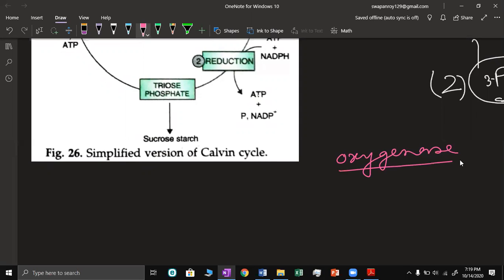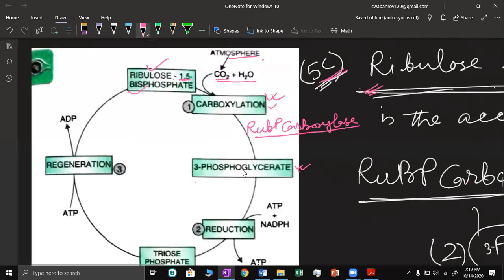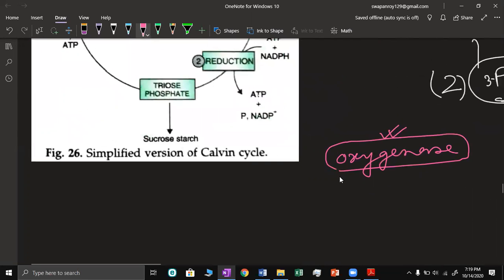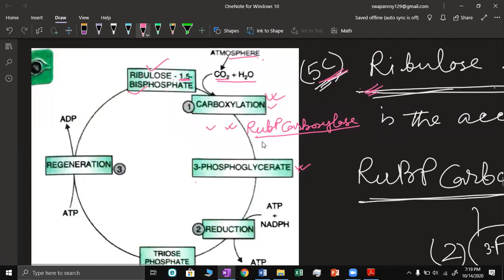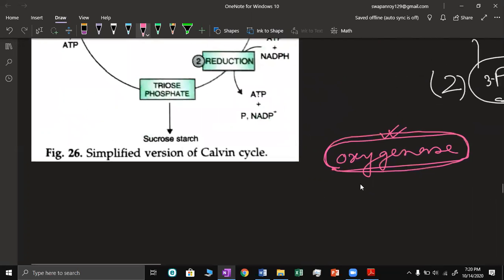That is, when enough oxygen is present in the plant atmosphere, that is inside the plant, if the oxygen is more and carbon dioxide is less, then this enzyme will absorb oxygen, not the carbon dioxide.